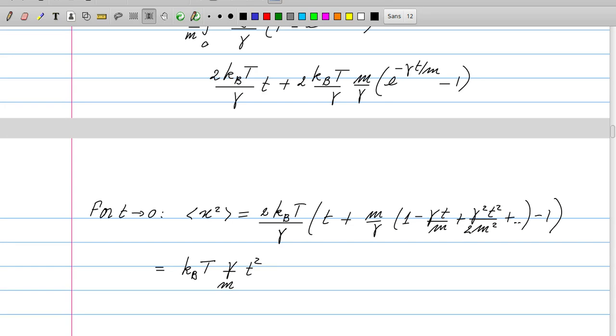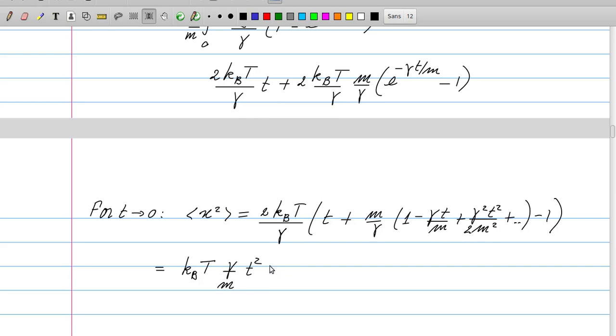Let us first find the short time behavior for x squared. So we are looking at short times, which means that we can Taylor expand this exponential here, and I've Taylor expanded here to second order. And it turns out that the term with t here is cancelled by the first order term here. The 0th order term is cancelled by the minus 1. And so I'm left with a term that scales with t squared.